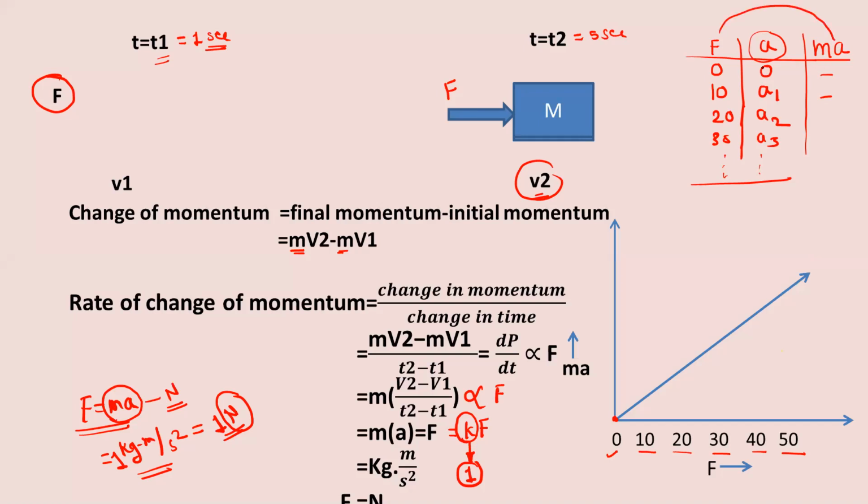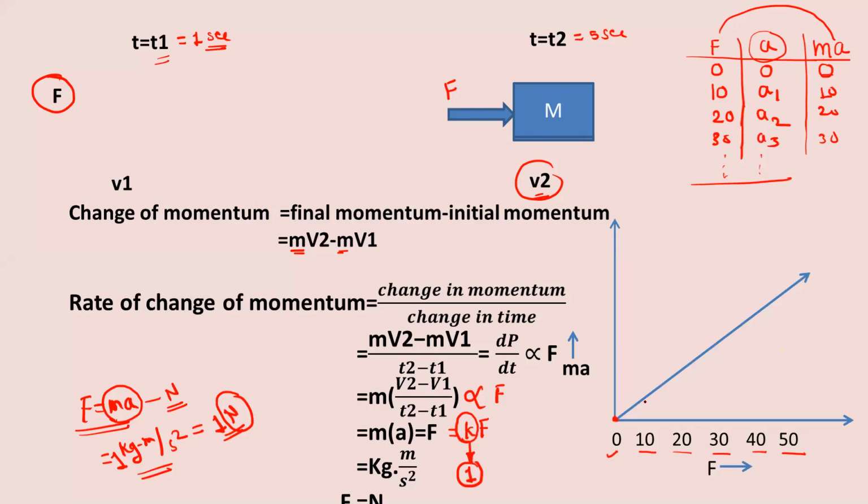So the first value you will get, F is equal to 0. The first value will be 0 for the mass into acceleration. Then if you increase the value to 10 Newton, again this product will be 10. This is 20. This will be 30.